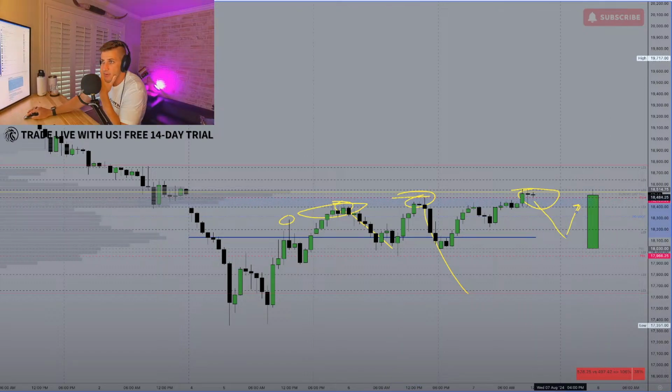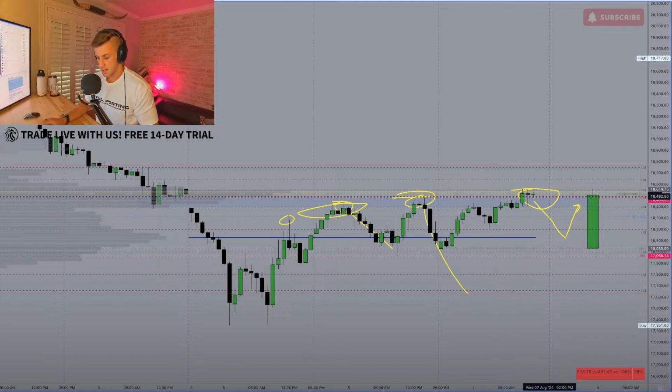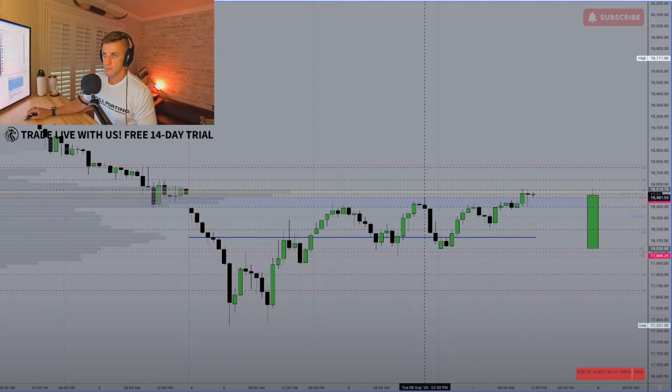Or does the breakout point hold? So these are things we're always weighing as traders. Just oscillation here near that gap fill spot, Sunday's gap fill.